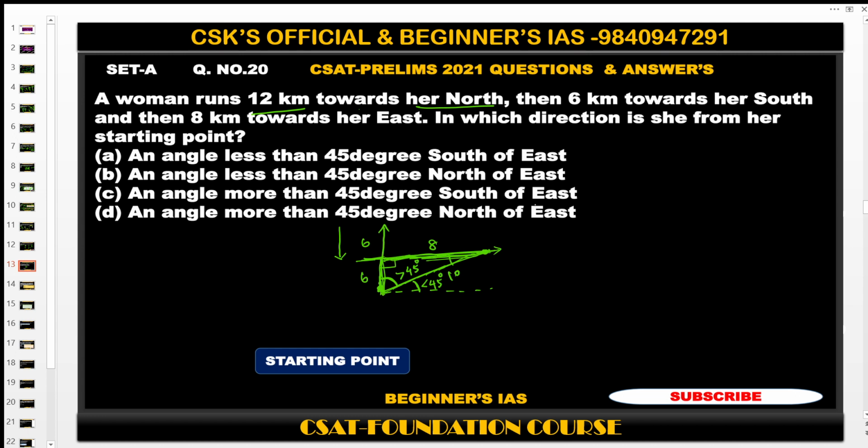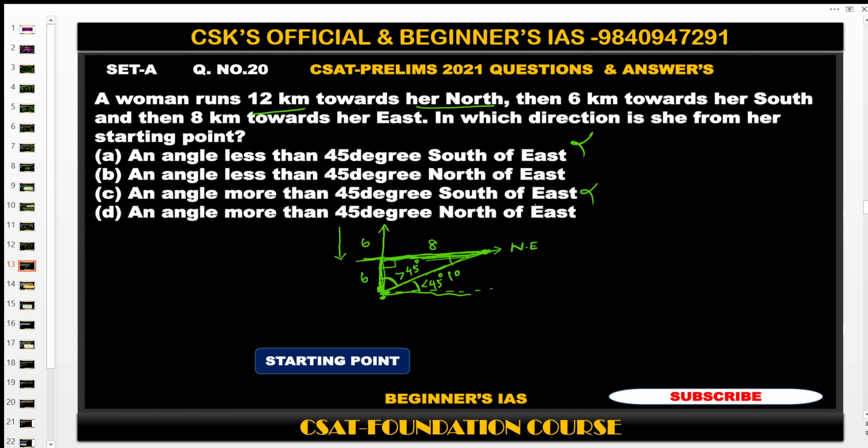Go with the options. With this reference, what is the angle now? This one. So 45 degrees south of east, obviously no. This is the north, so with reference, northeast. Therefore we can eliminate these two. Now tell me, angle less than 45 degrees or more than 45 degrees? More than.